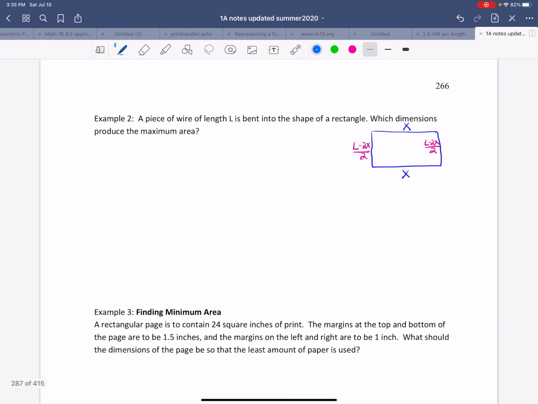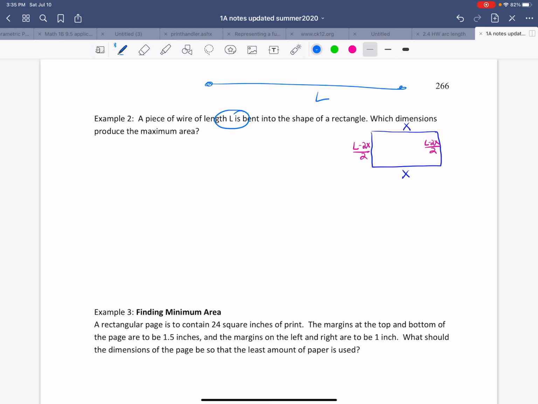Another example: a piece of wire of length L is bent into the shape of a rectangle. Which dimensions produce the maximum area? So we want to get the maximum area for this rectangle, and we're told that the wire is length L. Now we don't know what the width and the length of the rectangle are going to be.